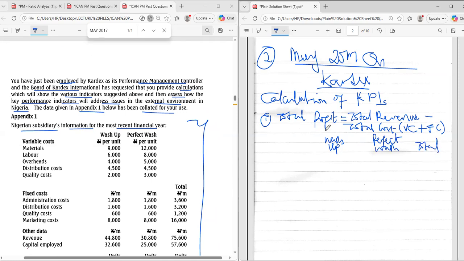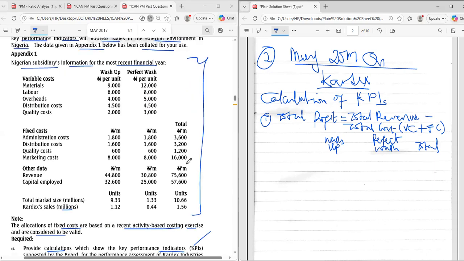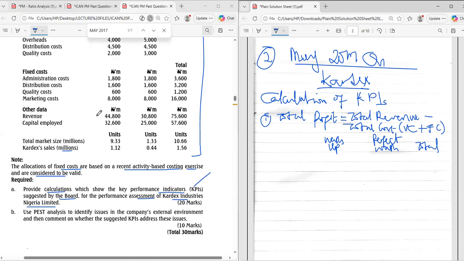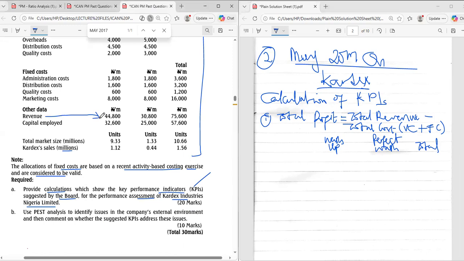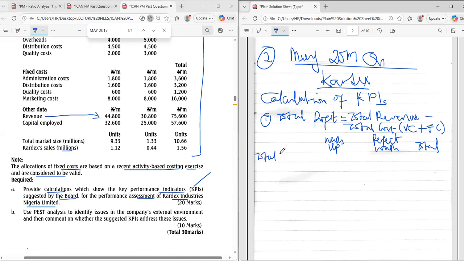All right, so how do we get the total revenue for Workshop? I think they gave it to us. Check this. That's revenue in millions. You see it in millions. So we have 44.